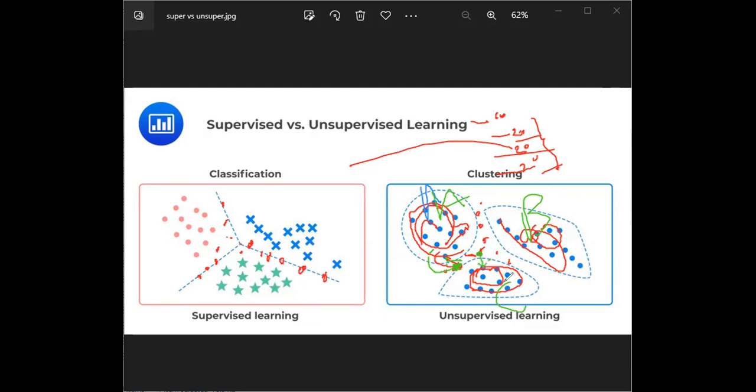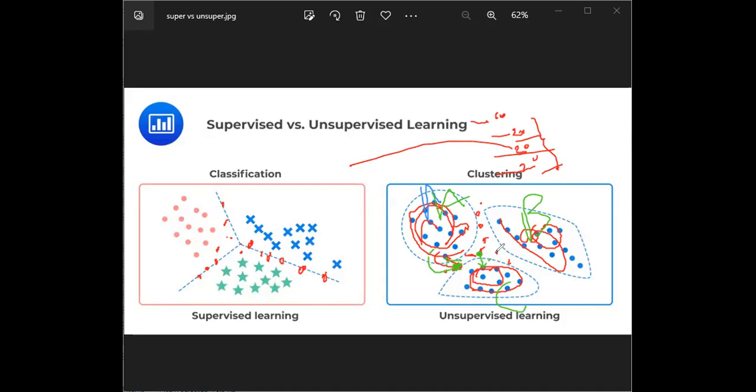From this there is one concept of Euclidean distance. These are similar terms: if we are exploring one, another will come up, so the terms are related to each other.